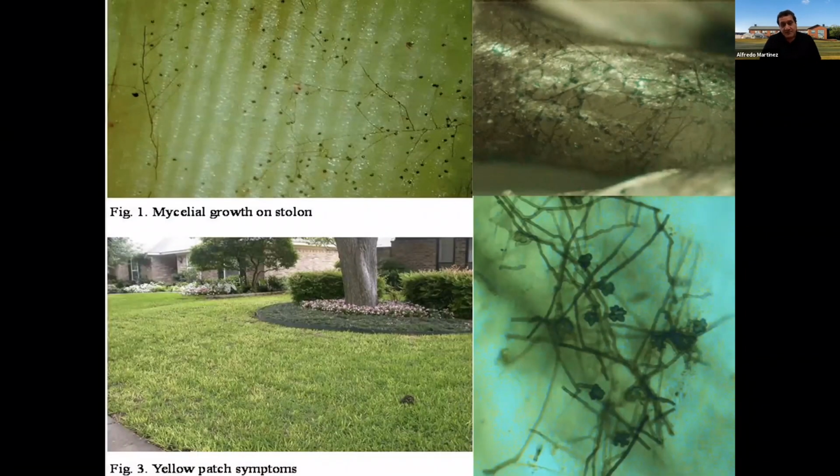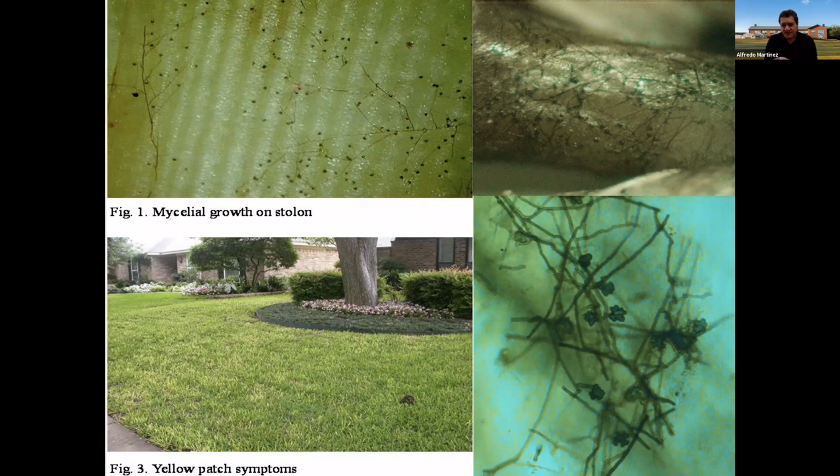This is why it's important to be familiar with your county agent and be friends with them, because if you take a sample, this fungus produces very specific little structures that you can see very easily on a dissecting scope.